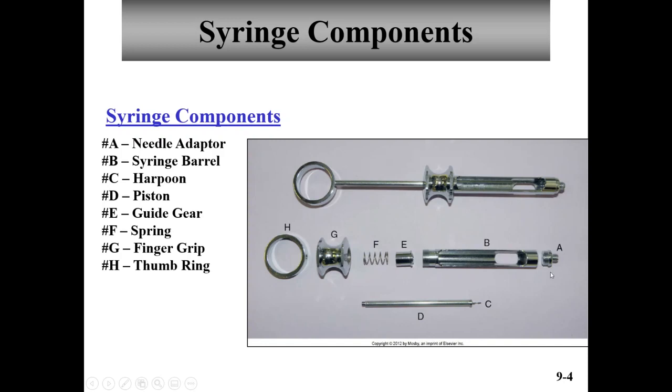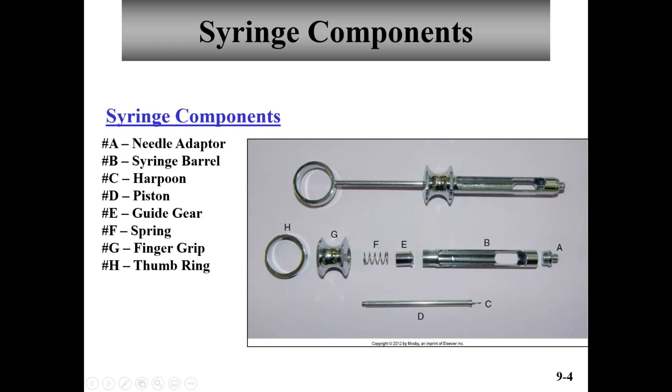And I tell you this because if when you unscrew the needle you throw this end of the syringe away, the syringe can't be used again and you're going to be charged for it. So pay attention and make sure when you unscrew the needle that this metal needle adapter is not attached to the hub of the needle. Okay, it's not attached to the needle.